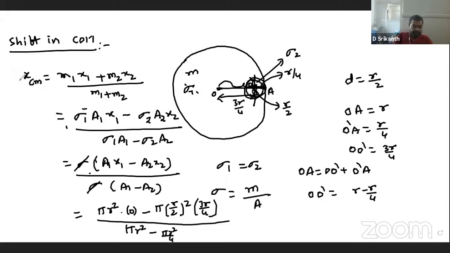Draw the diagram and start writing from here. Write these values also, and even this one also. Okay, write down.